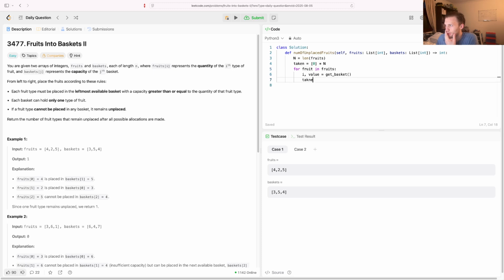Essentially, we could just do a set, whatever, but there's a little more clarity with having taken as an array. And then essentially we just return.